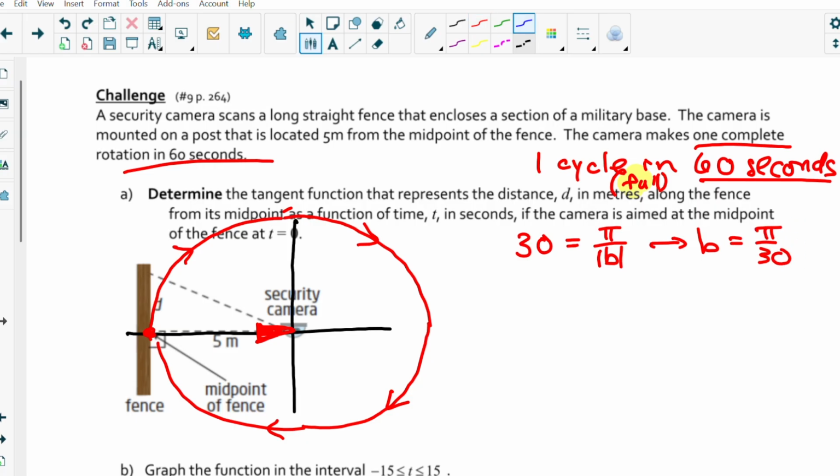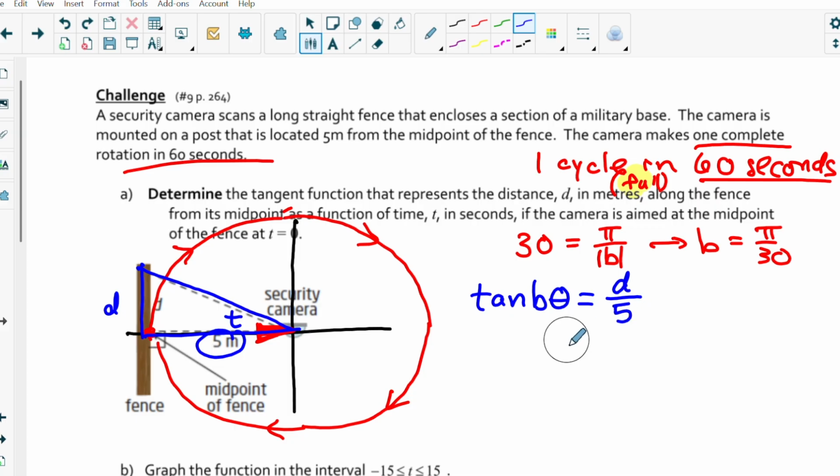When I do my tangent function here from this snapshot, I have my distance d along the fence line, 5 meters, and I'm going to call this time. Let me do this first and then I'll explain why I'm using time instead of theta or an angle. So I have tangent of b theta equals opposite d over adjacent 5.